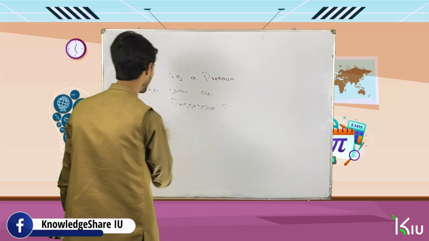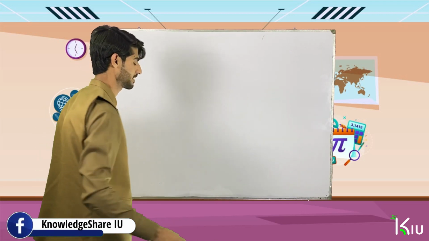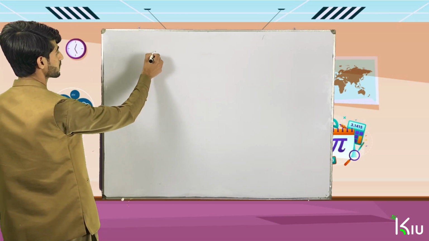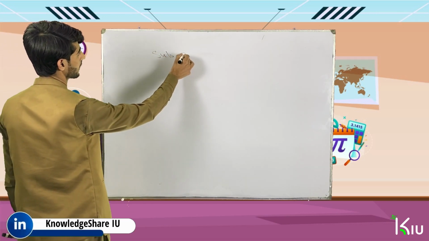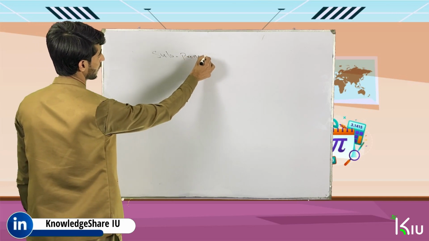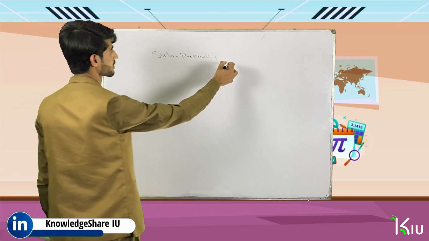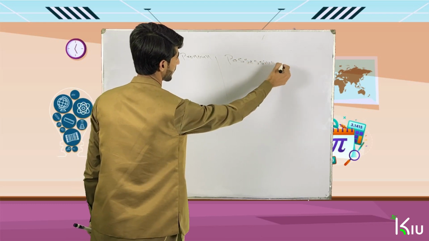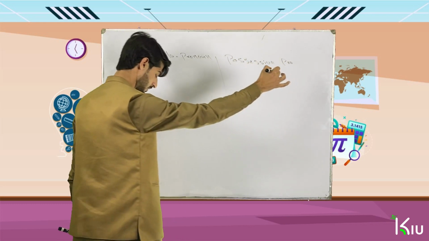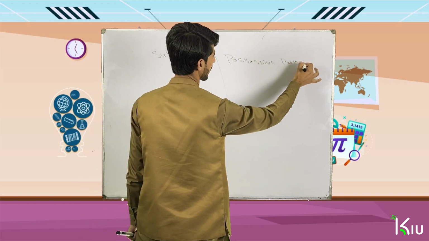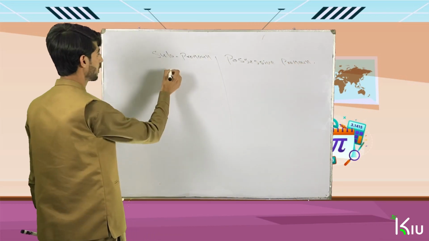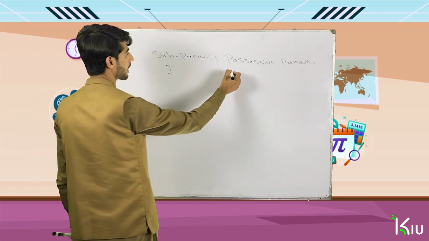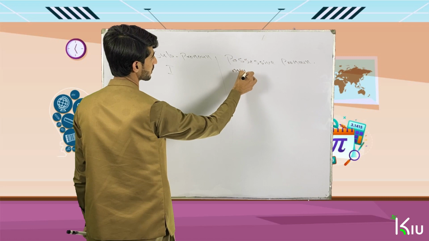We have subject pronoun and then we have possessive pronoun, so you will understand better. So I is subject pronoun, so its possessive will be my, or you can say mine.